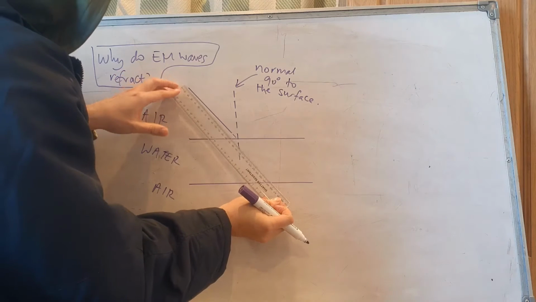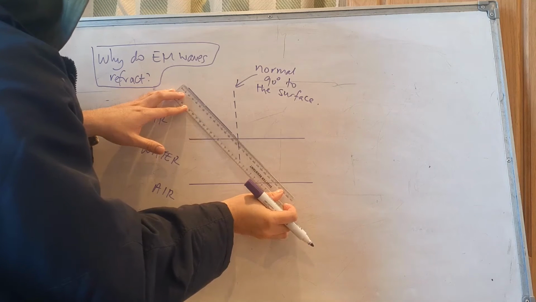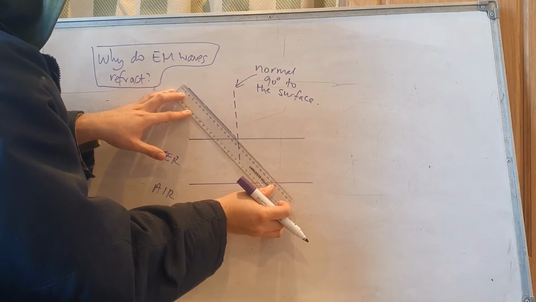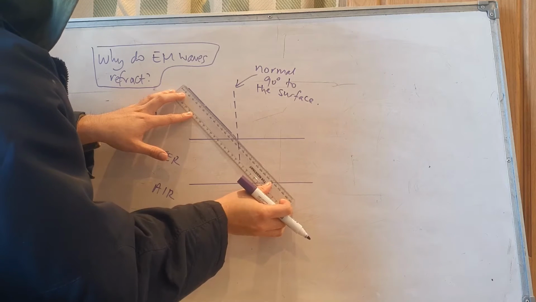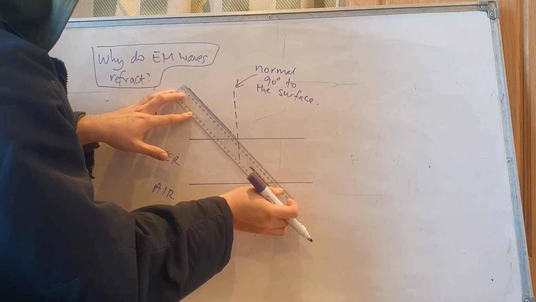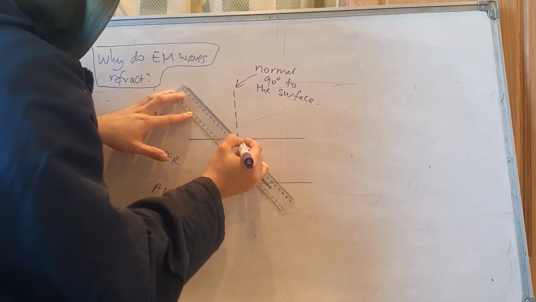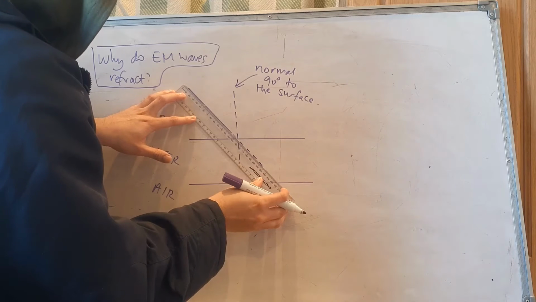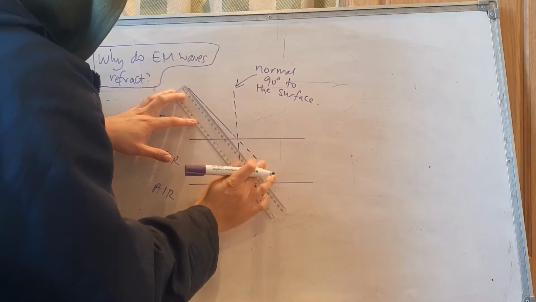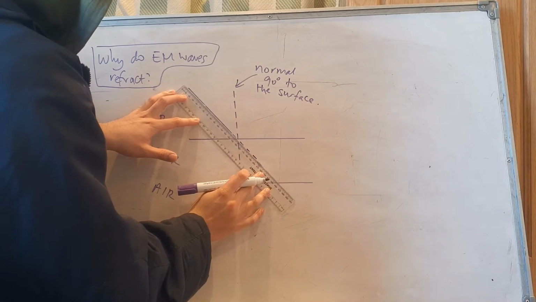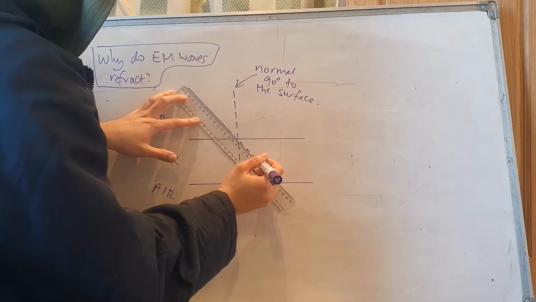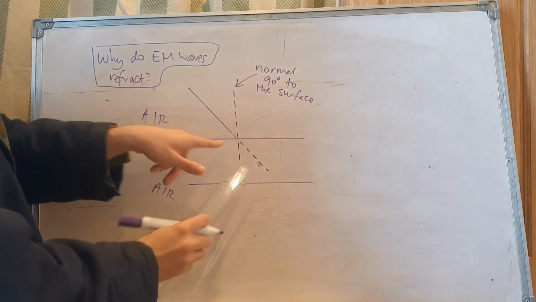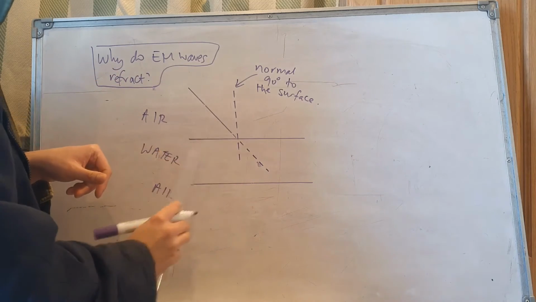Now, if there was no water, the light ray would just go in a straight line. However, because it bends towards the normal, let me just do this dotted line. This dotted line shows what would have happened if there was no water.